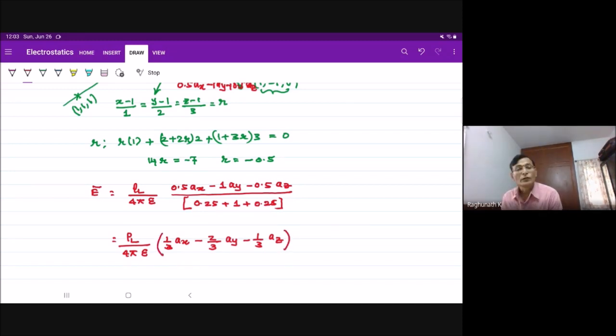These are the values: 0.5 by 1.5 is 1 by 3. 1 by 1.5 is 2 by 3. So many volt per meter.